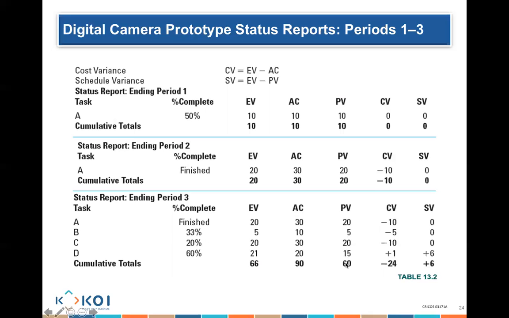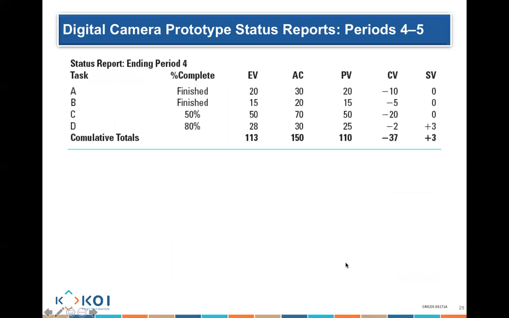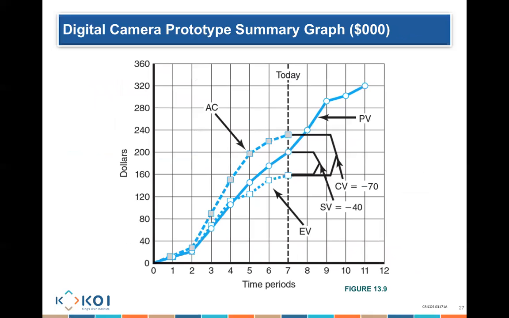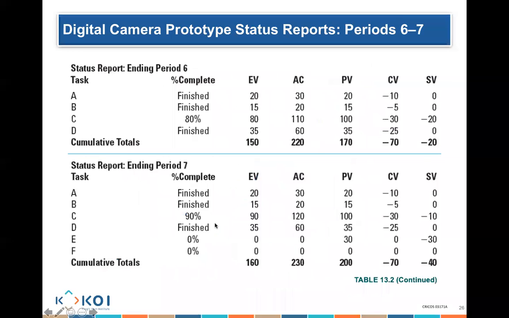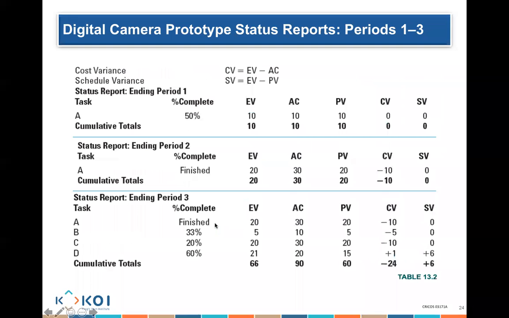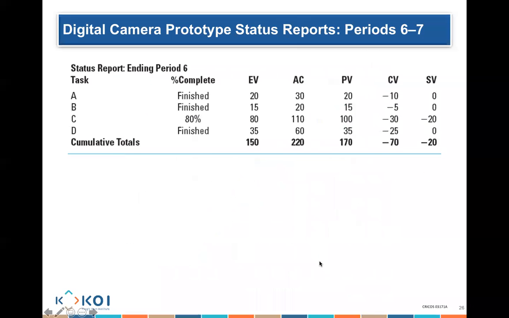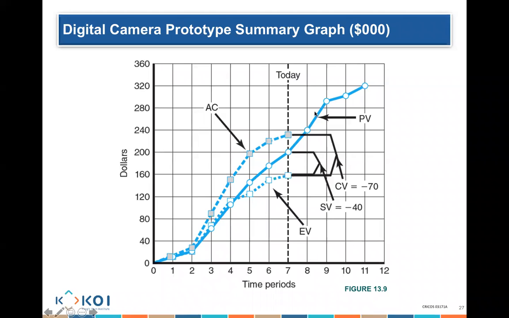My planned value is 60. You can see how the planned value, this is a line, planned value is lower, 60. And you see how this is the earned value, EV. You see how earned value is higher.